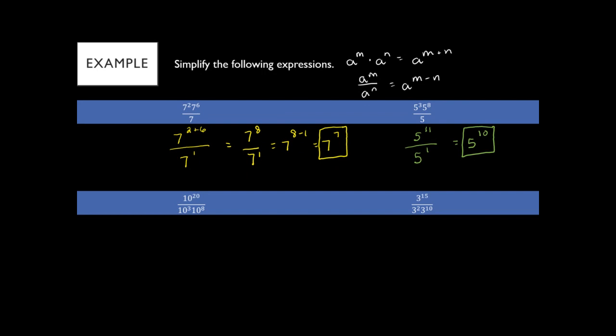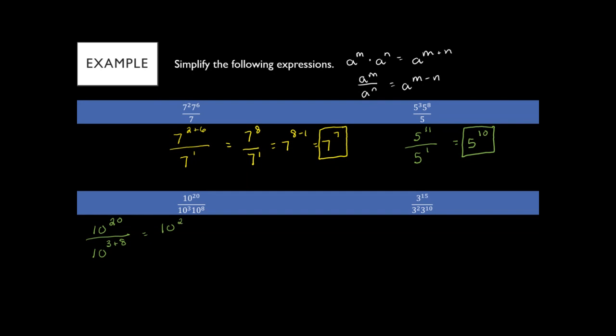Bottom left, now we have 10 to the 20, and then on the denominator, we have two things multiplied together. So now we're going to have to simplify the denominator first before we deal with the whole fraction. So I'm going to move over this time and be smart about it. 10 to the 20. In the denominator, I need to add my exponents, 3 plus 8.